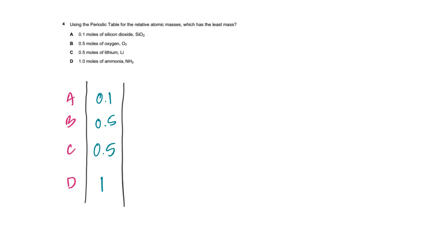Silicon is 30, no. Silicon is 28. That's 28 plus 32 for oxygen. That's 60. Let me change my color as well. That's 60. The MR is 60. Oxygen is 32. Lithium is what? Is lithium 7.